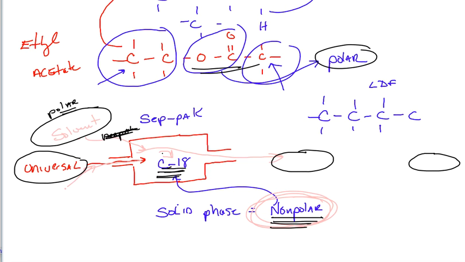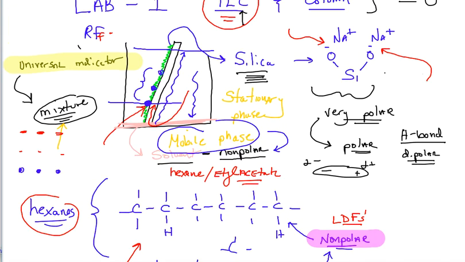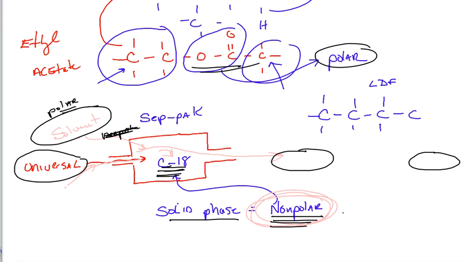The column has the nonpolar solid phase, where in TLC, the solid phase was the silica, which was the polar phase. So you have to make sure you understand that.